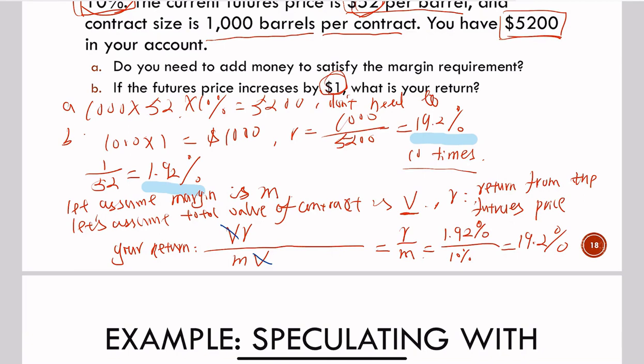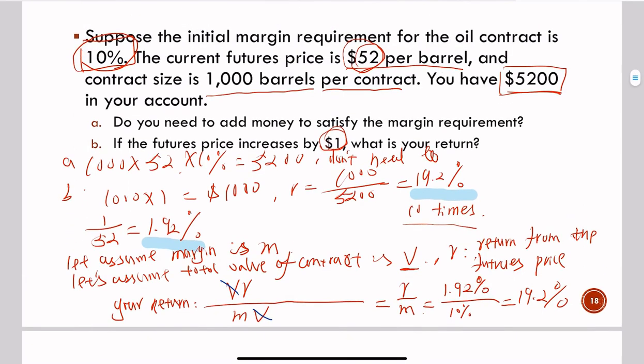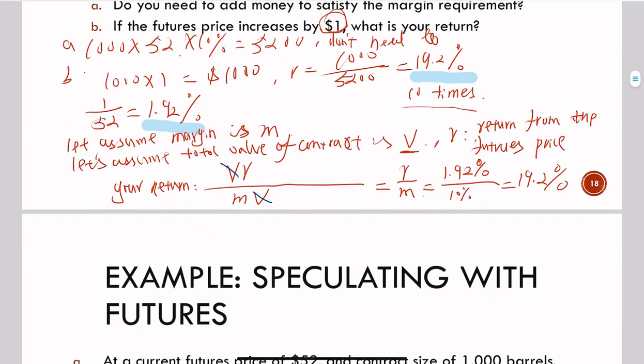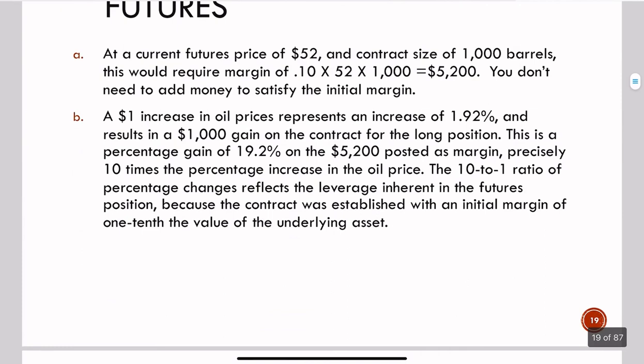Of course, the loss will also be magnified. So you can see that when you're using margin in your futures contract, it is equivalent to saying this futures position has some embedded leverage. Okay, I think that's it for this problem.